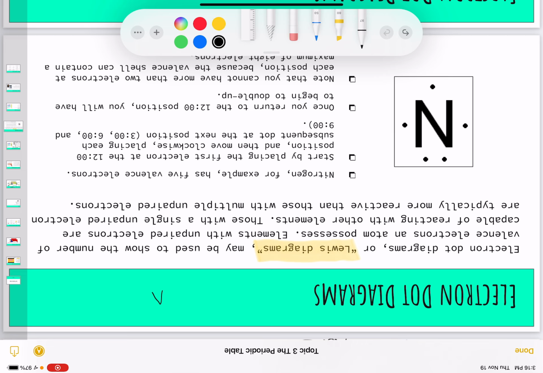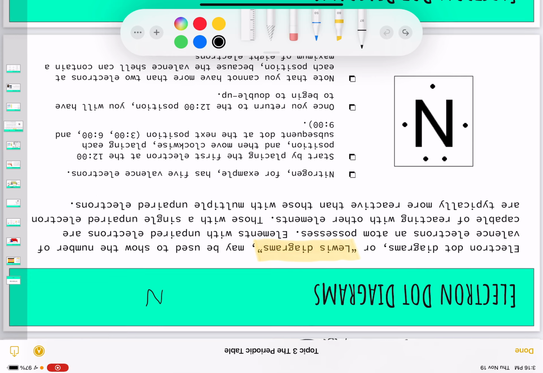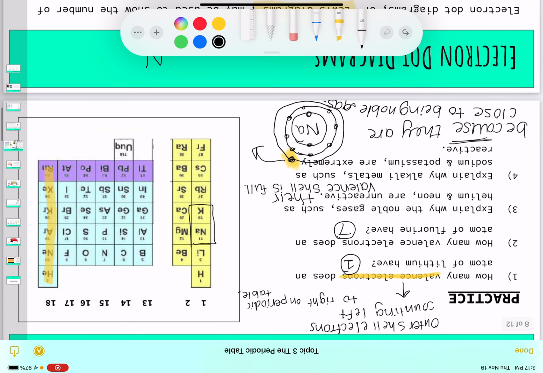If we wanted to draw the dot diagram for nitrogen, we write the symbol for nitrogen, which is N. Then we figure out how many valence electrons it has. Like I told you before, to find valence electrons, we count left to right on the periodic table.